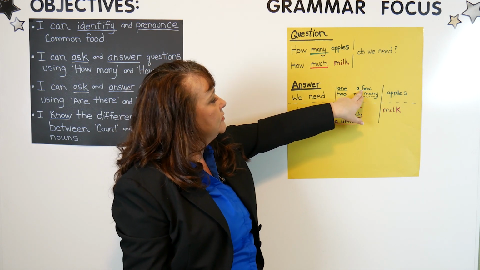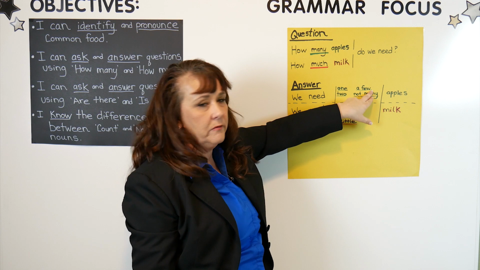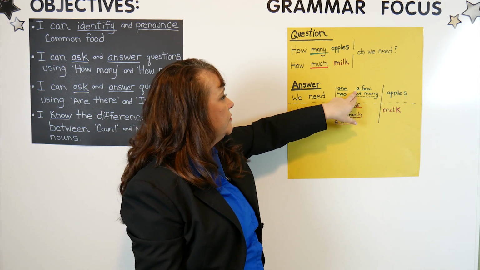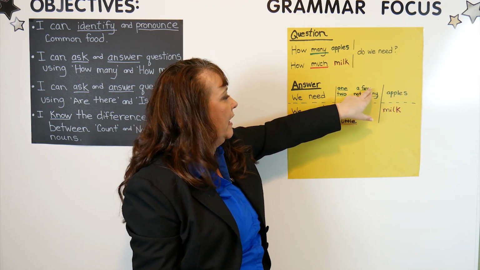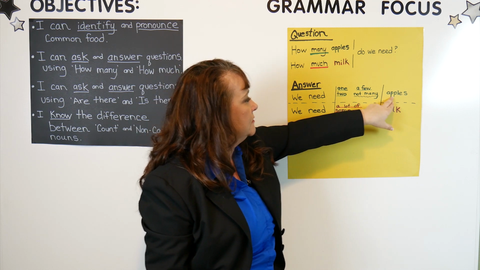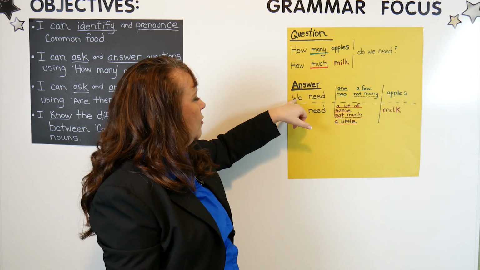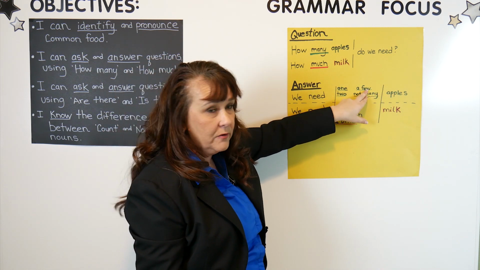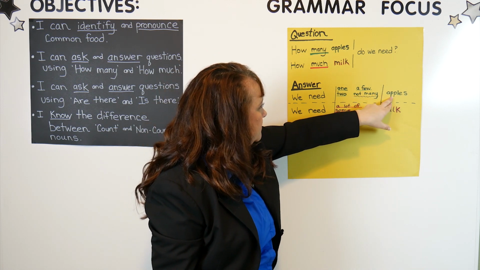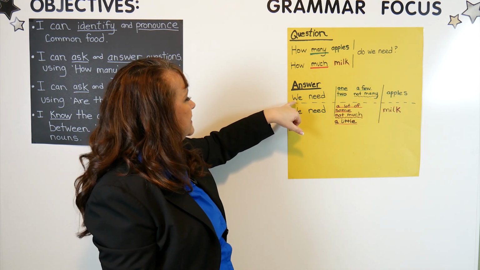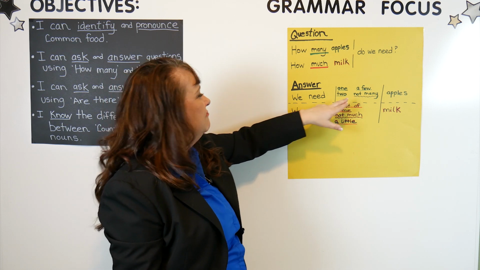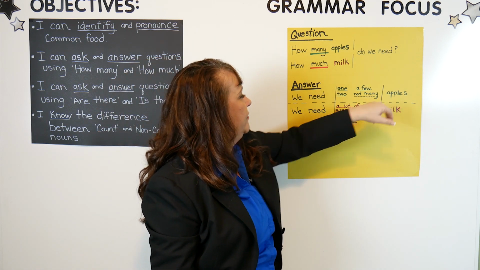Now we can also use the word a few. We can only use the word a few when we're talking about count nouns. So you can say, we need a few apples. Another thing we can say is we need not many apples.